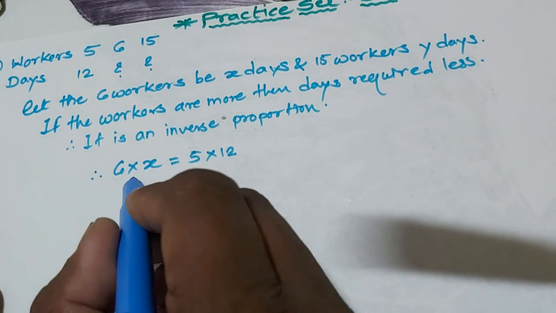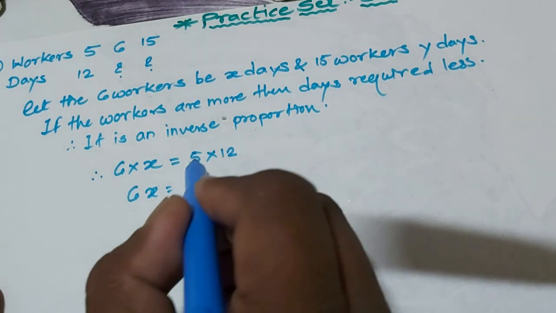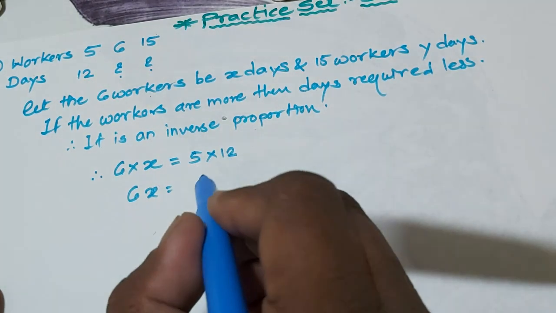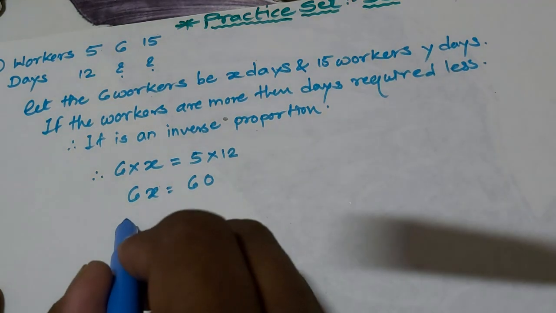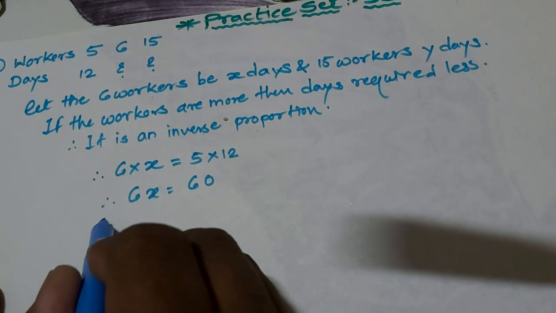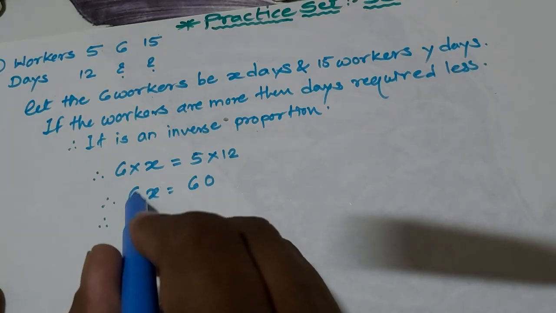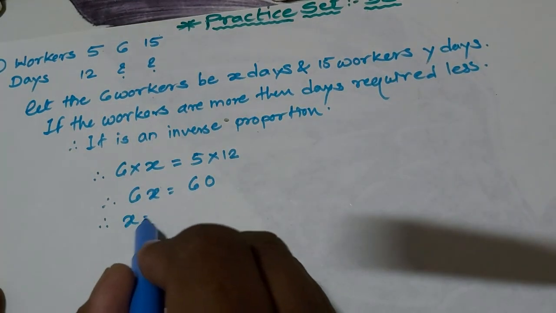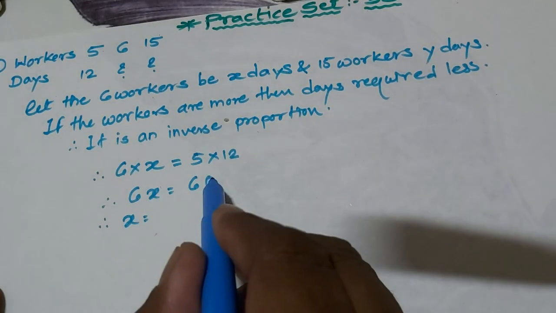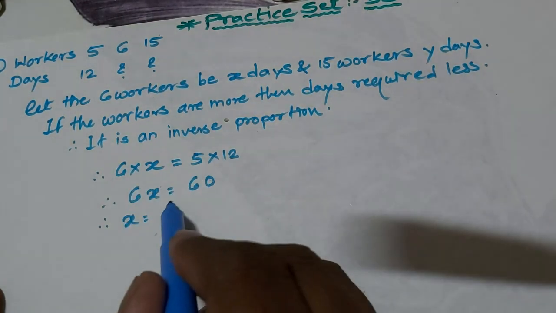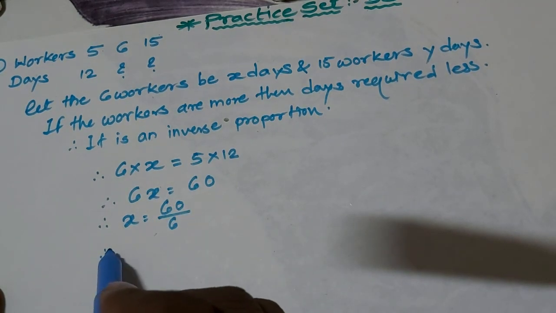So 6 multiplied by x means 6x, and 12 multiplied by 5 is equal to 60. Now the 6 is multiplied with x; when it transposes to the other side, it becomes division.